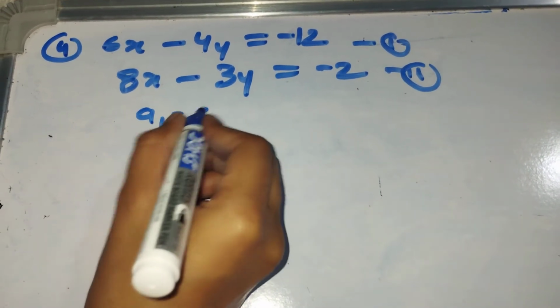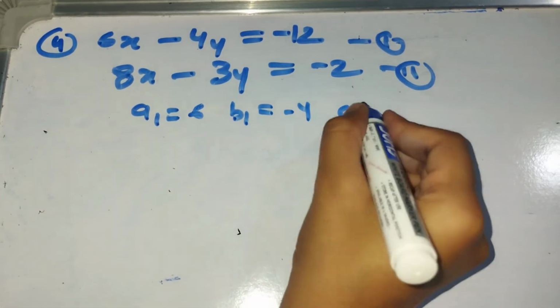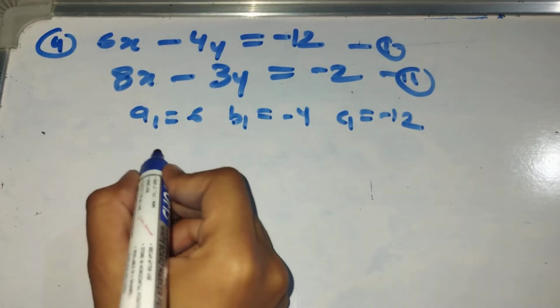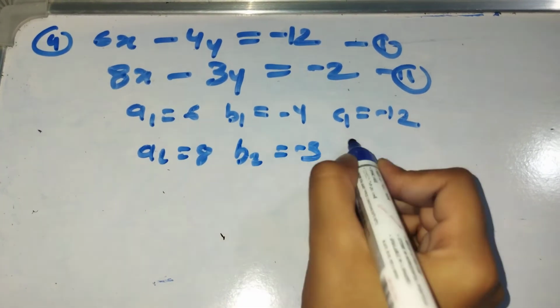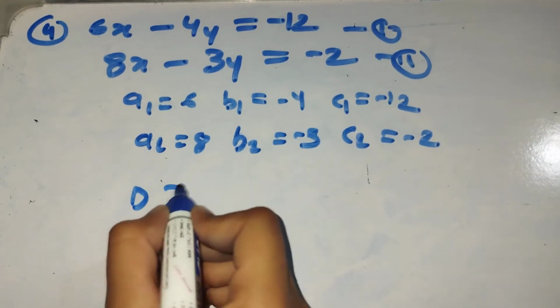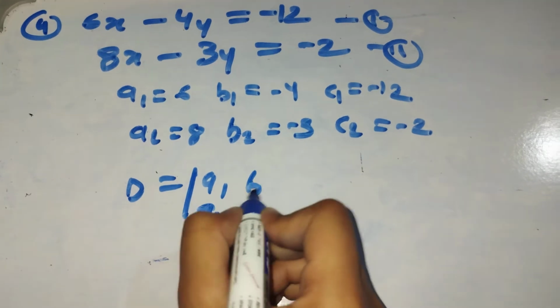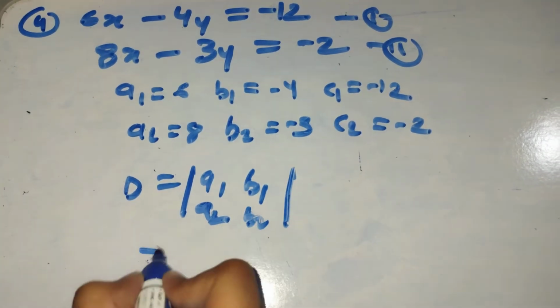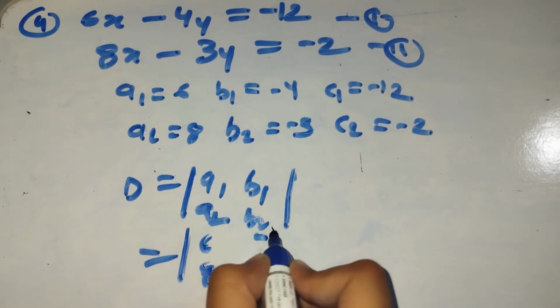A1 is your 6, B1 is your minus 4, C1 is your minus 12, A2 is your 8, B2 is your minus 3, C2 is your minus 2. Okay, so first we have to find D. So A1, A2, B1, B2. Okay, so A1 is your 6, 8, and B1 is your minus 4, minus 3.